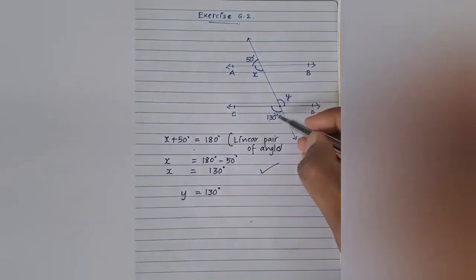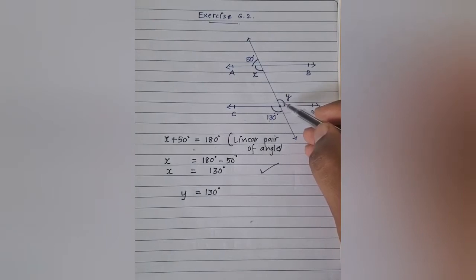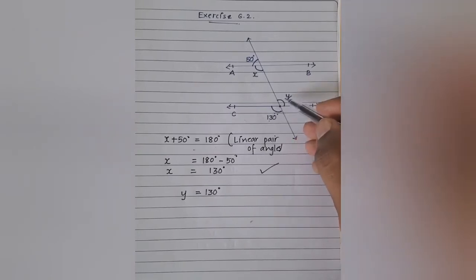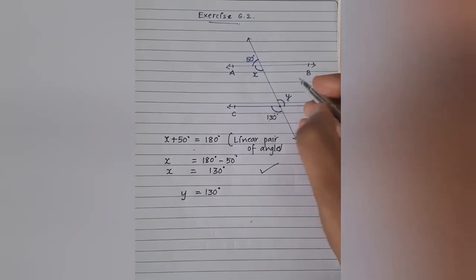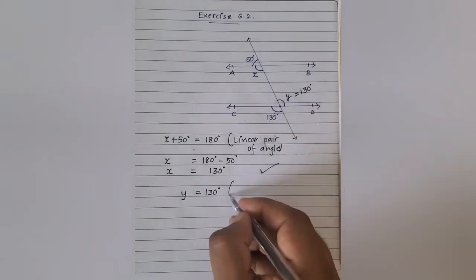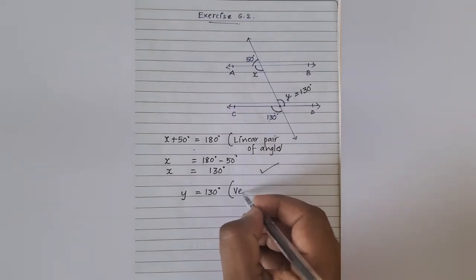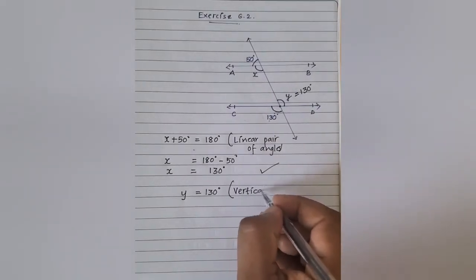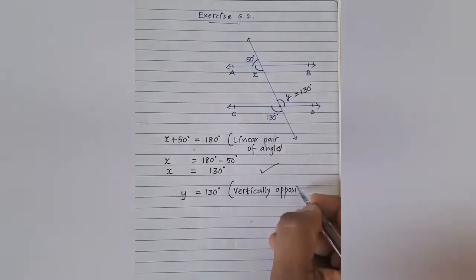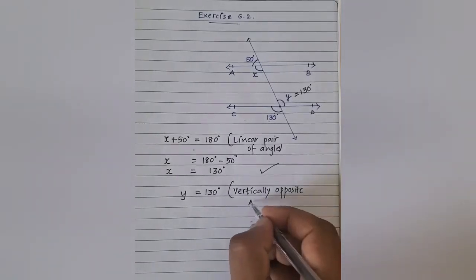Why would y be equal to 130 degree? The reason is they are vertically opposite angles, and vertically opposite angles are always equal. So if this is 130, this would also become 130. Okay, so I have to mention the reason. The reason is vertically opposite angles.